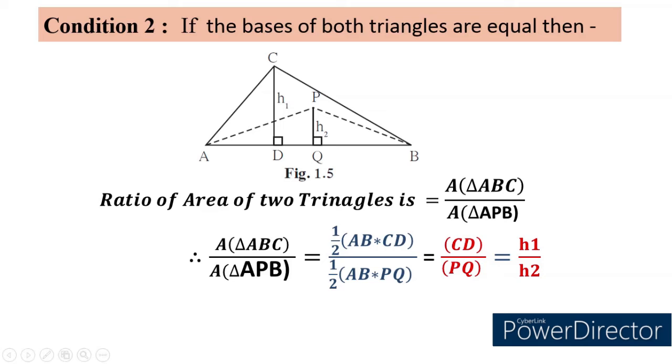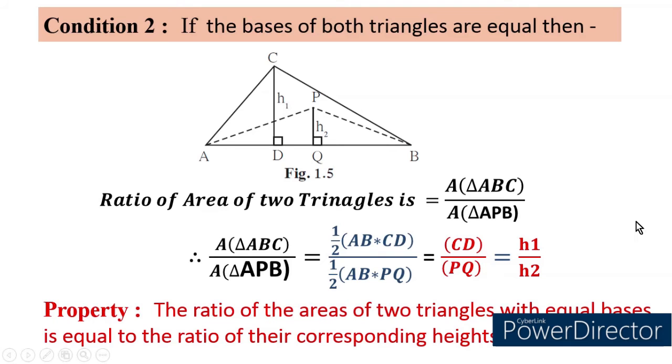Friends, we can represent CD as H1 and PQ as H2. So the answer will be H1 upon H2. The property says that the ratio of the areas of two triangles with equal bases is equal to the ratio of their corresponding heights.